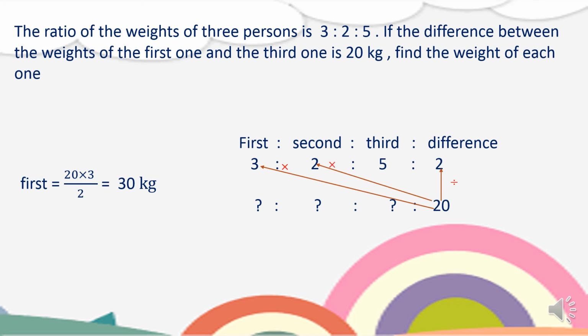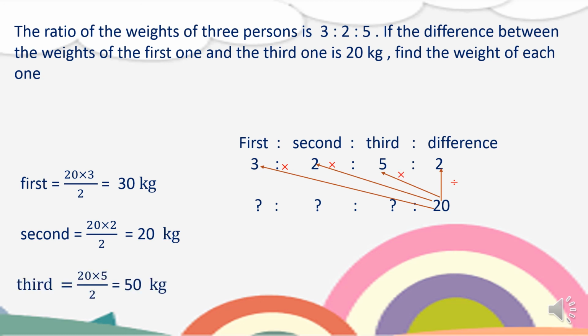Yes, by crossing, 20 times 2 over 2 equals 20 kilograms. And the weight of the third, 20 times 5 over 2, equals 50 kilograms.